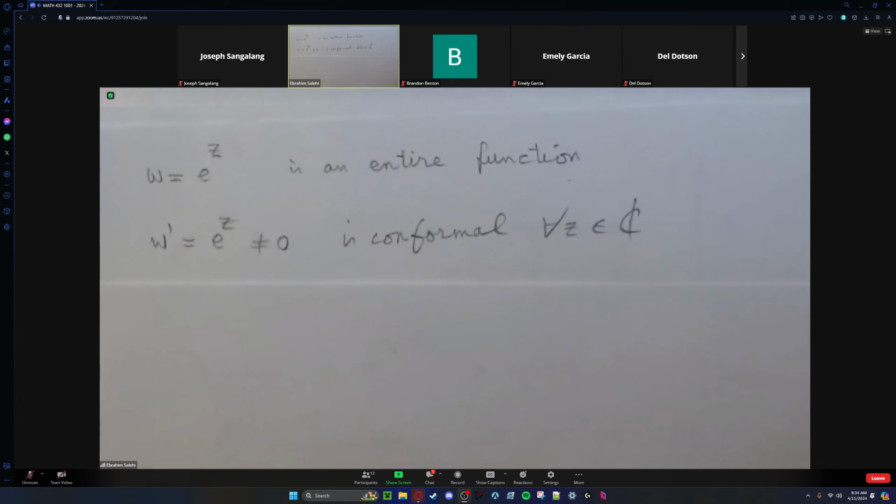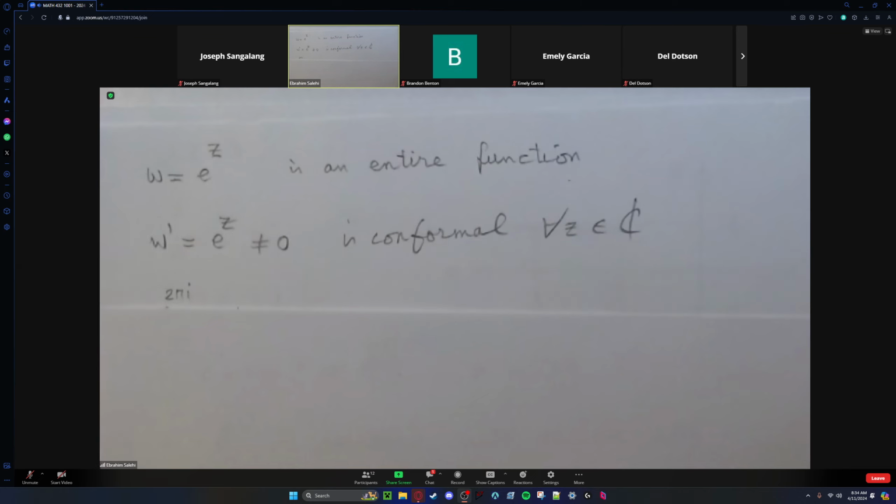Right away, you say, okay, e to the z is a conformal mapping. Remember, conformal means it preserves the angle and the direction, or sense, of the angle.